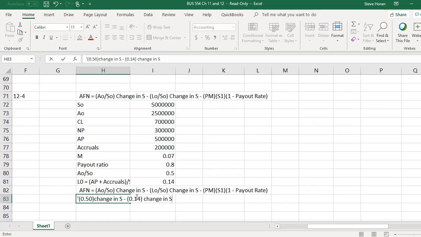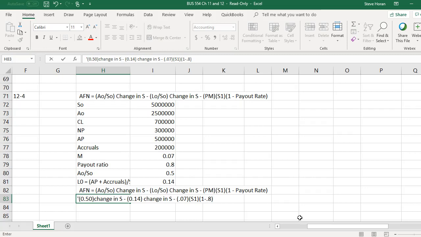And then we subtract that from the combination of the margin, the 7% margin right here. And then we multiply that by S1, sales for next year. And then we go 1 minus 0.8, 1 minus the payout ratio.